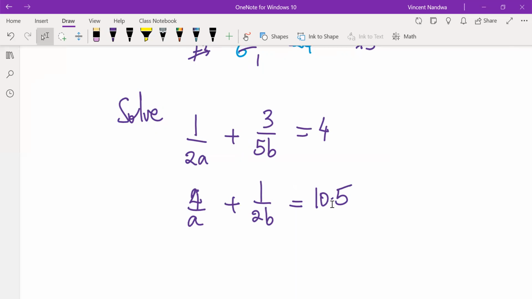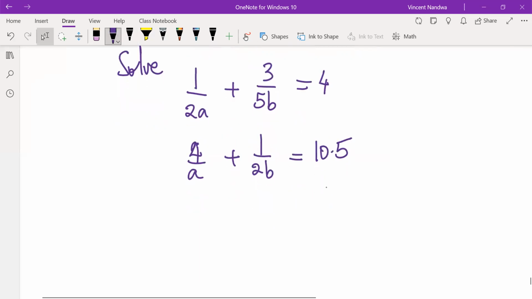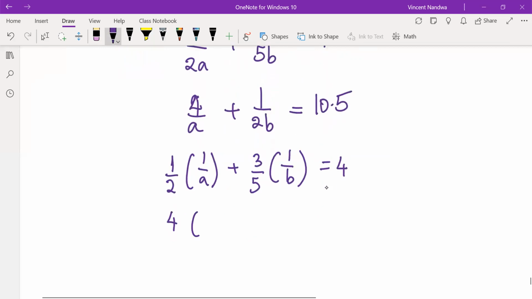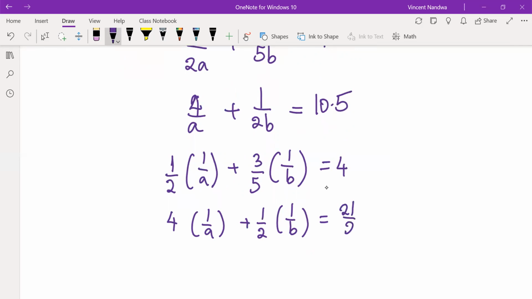This is a good problem, good in the sense that we can rewrite it as a half times 1 over a plus 3 over 5 times 1 over b equals 4. And the other one will be 4 times 1 over a plus a half times 1 over b equals 10.5. And 10.5 is nothing but 21 over 2.